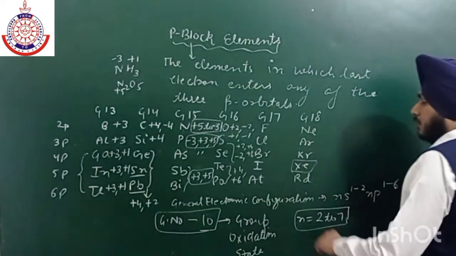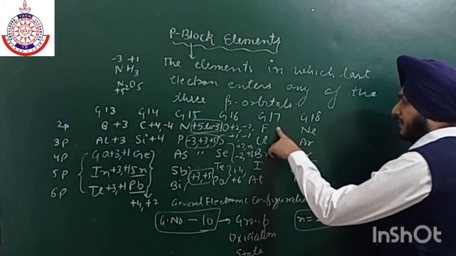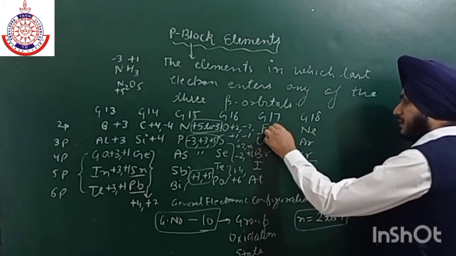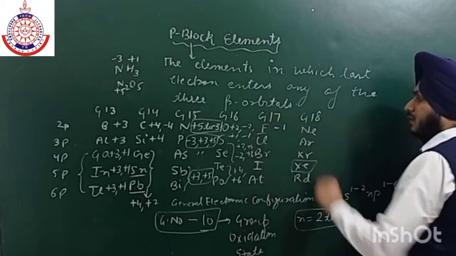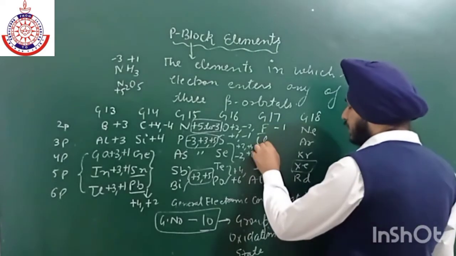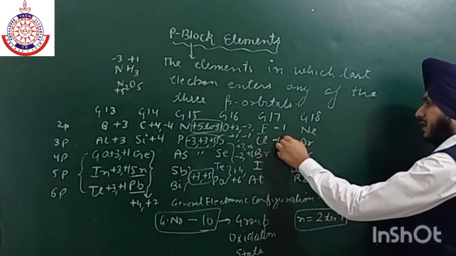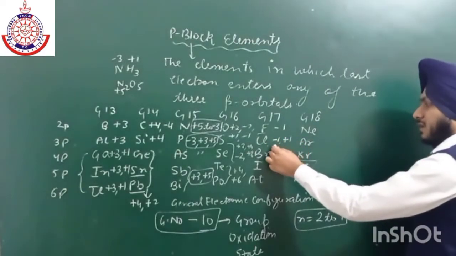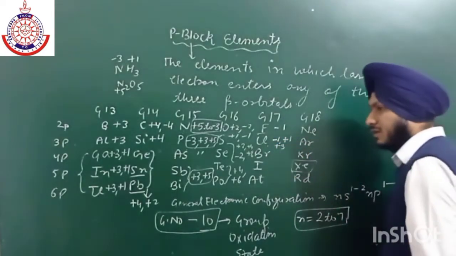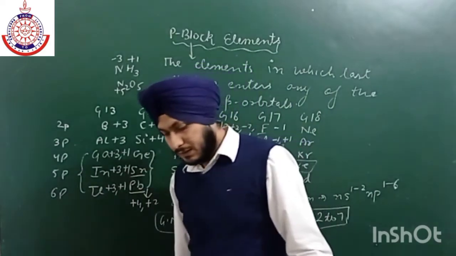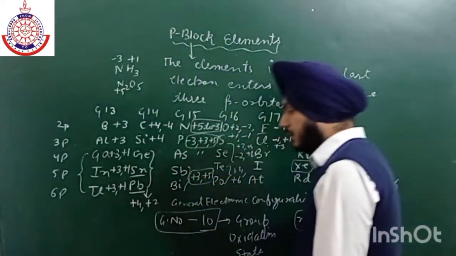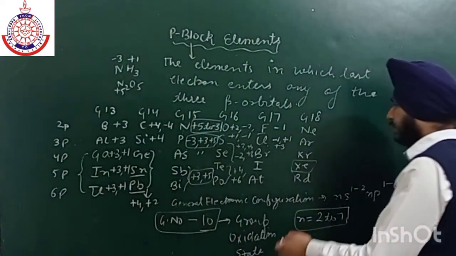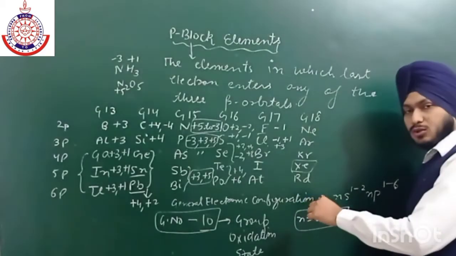Similarly, if we talk about group number 17 elements, so fluorine has a tendency to show -1 only, okay, and chlorine has a tendency to show -1 and +1, +3, +5, +7 also, okay.